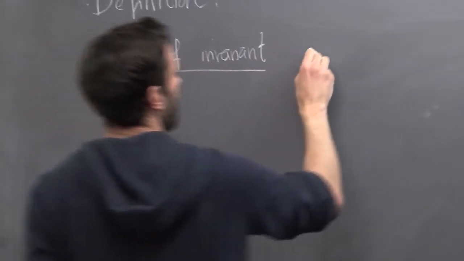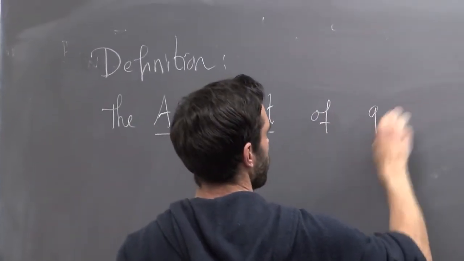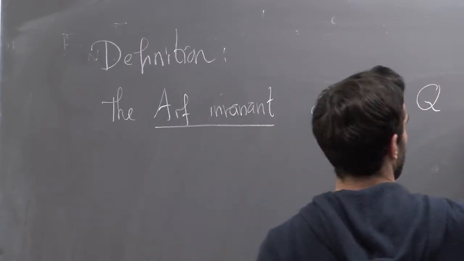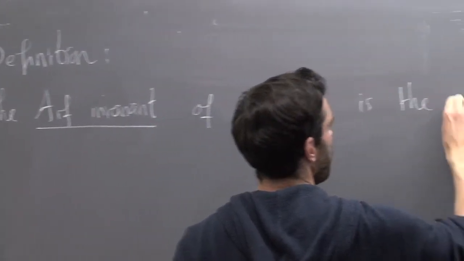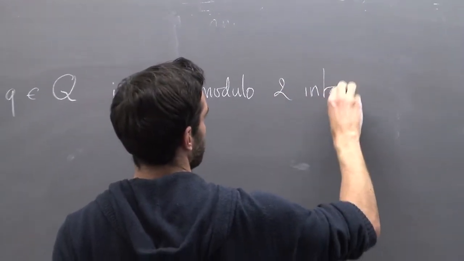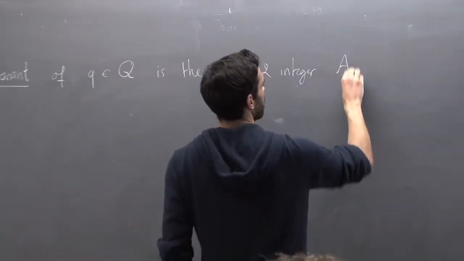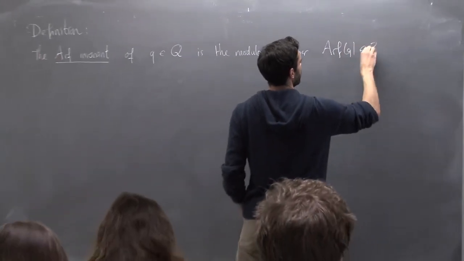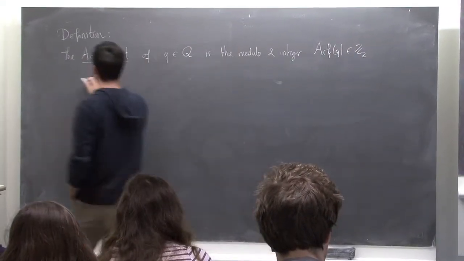The Hopf invariant of a quadratic form as above is the modulo 2 integer Hopf of Q defined by the equation.